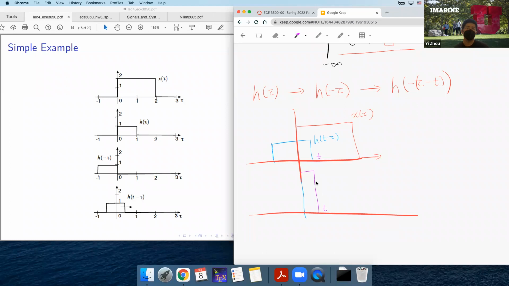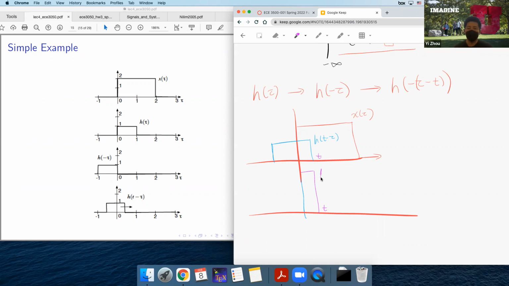The amplitude is the multiplication of the amplitudes of these two rectangles, because everywhere else, one of the rectangles will take 0 values. That is why their multiplication only corresponds to a smaller rectangle in this overlapping area.